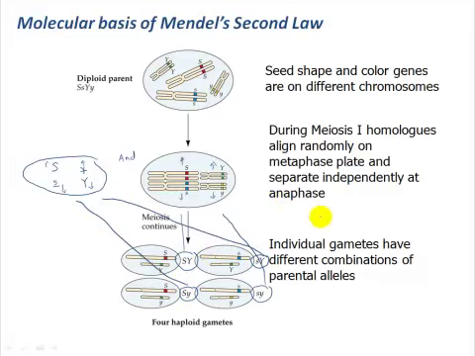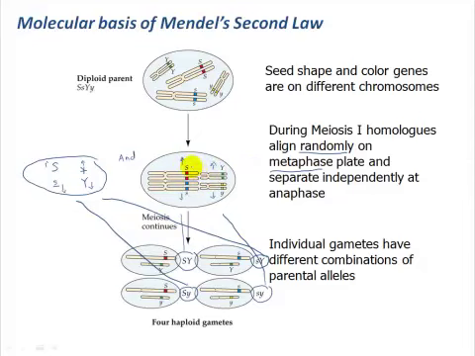So random alignment of our homologs at metaphase 1 leads to independent segregation of those chromosomes at anaphase. And we have to recognize that there are 2 possible ways for each homolog pair or tetrad to align, right? 2 possible orientations for each one. And so that's where we get our second law.